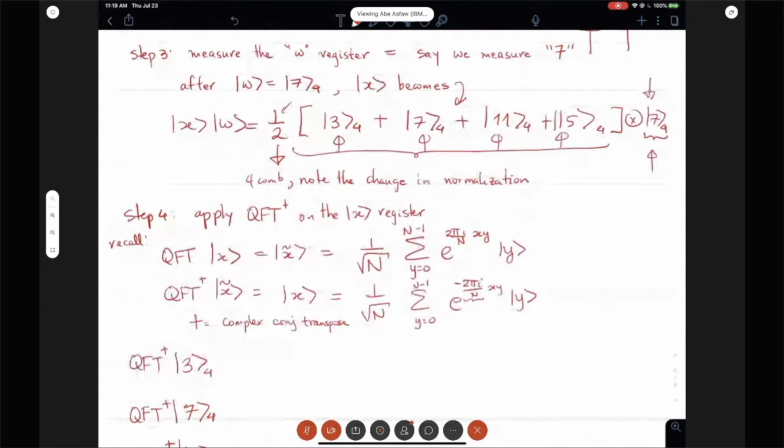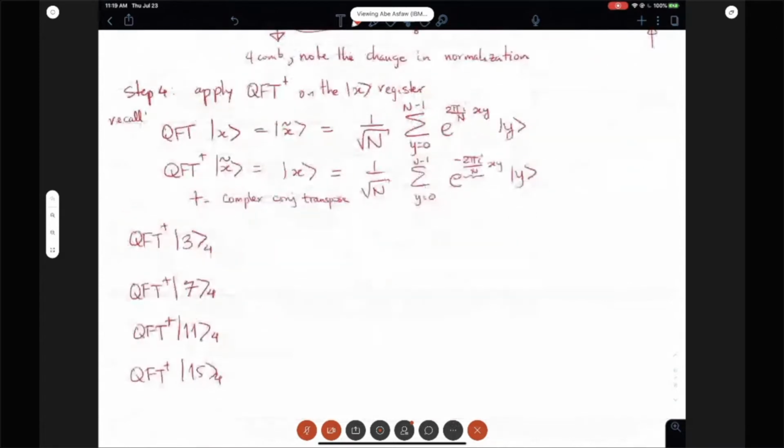For 3, what it's doing is saying 1 over square root of 16 in this case, because we have four qubits. Sum from y is 0 to n minus 1, e to the 2 pi i with a minus sign in front of it. X is 3 now, right? So 3 times y over 16, y. That's QFT dagger of 3.